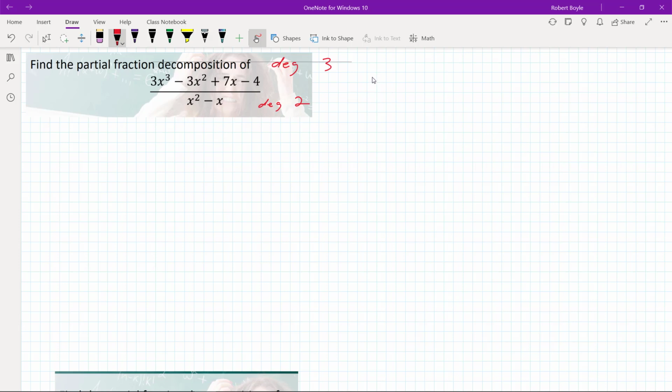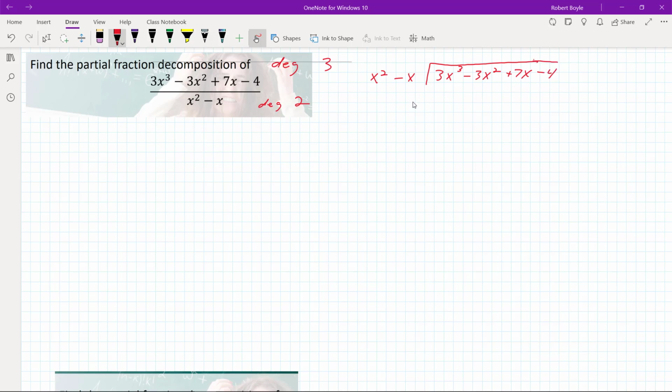So we're basically going to set that up the way we learned in years gone by. This is the divisor, and we're going to divide our dividend by the divisor.